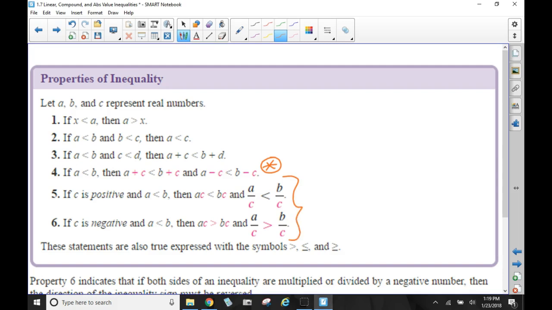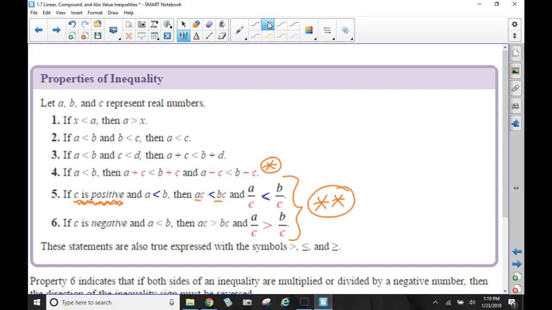5 and 6. These are the multiplication and division properties. I'm going to double asterisk this because remember, in an inequality, it depends upon whether you are multiplying or dividing by a positive number. Here, let me go over this. For the less than, if you multiply or divide by a positive, that symbol doesn't change.